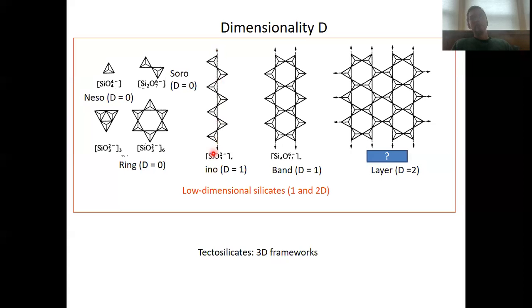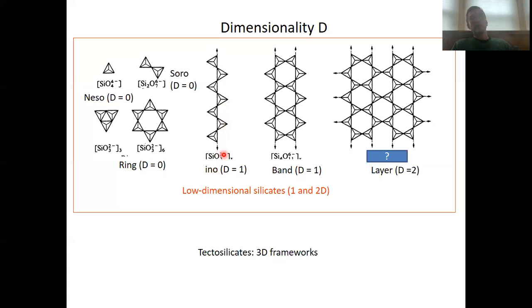The composition of an inosilicate anion is also SiO3 2 minus, the empirical formula. That's again because these chains are made of SiO4 tetrahedra, all of which have 2 oxygens which are shared between 2 silicon atoms and 2 oxygens which are terminal, whereby these terminal ones again carry the negative charges that you see here in the formula.